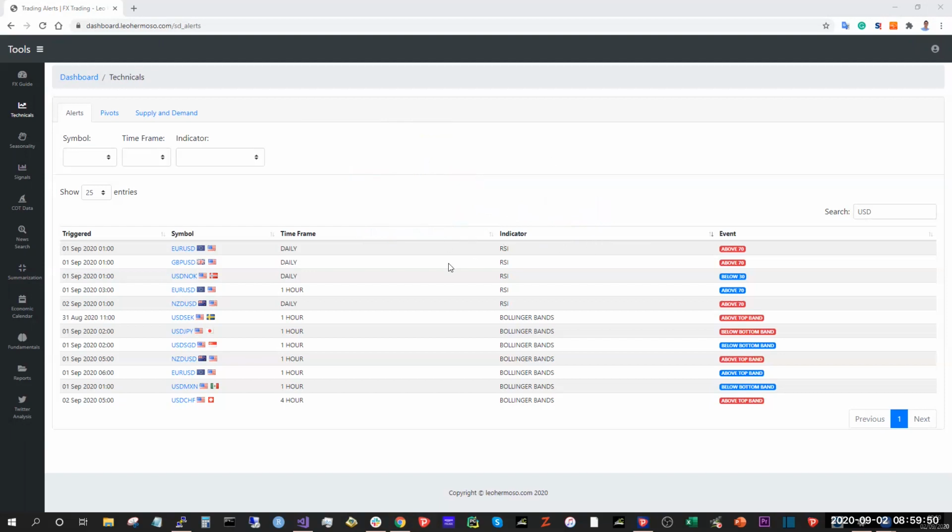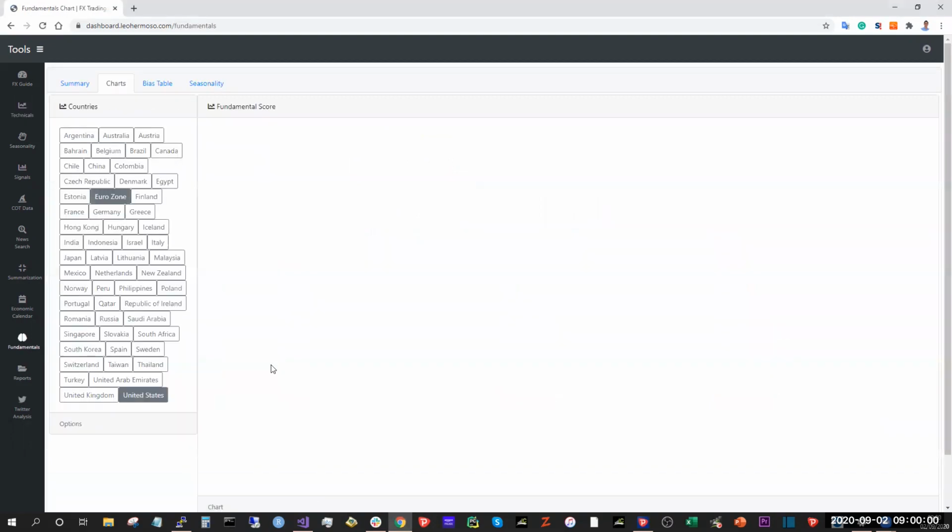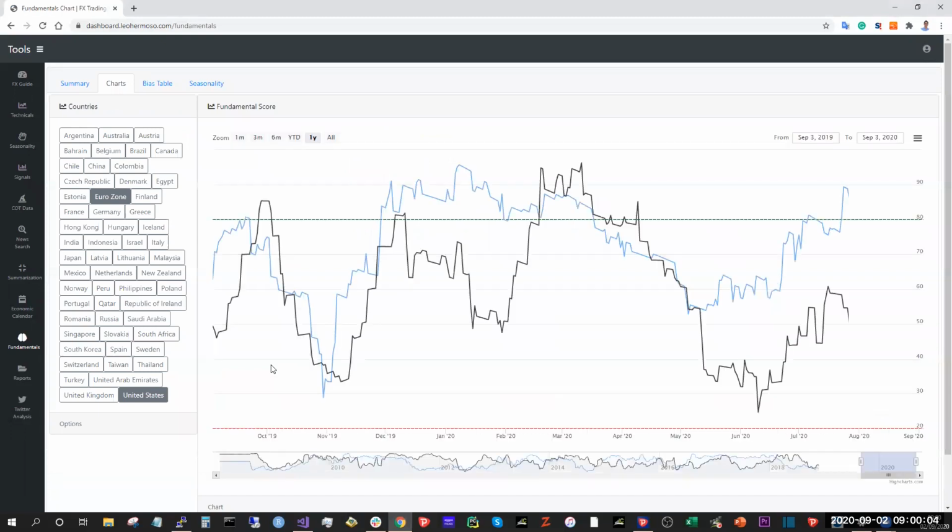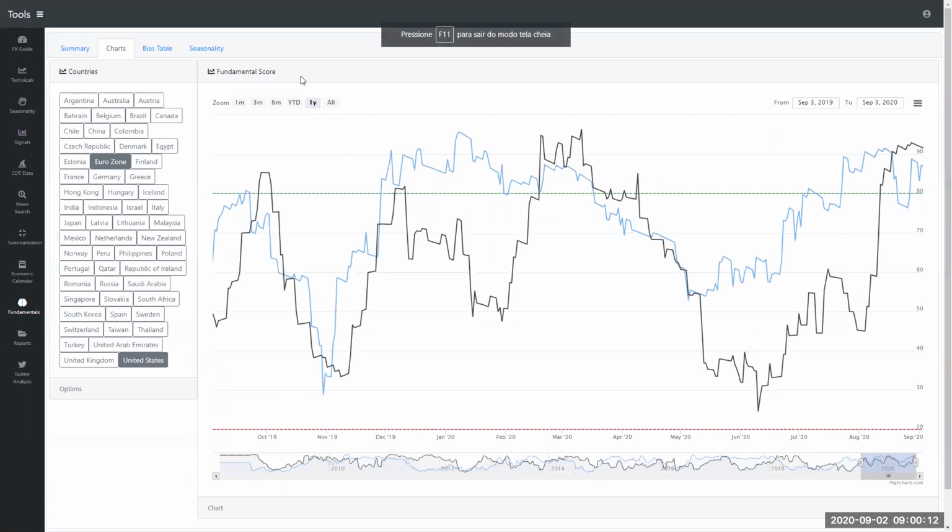Okay, my friends. I'm going to move to something I like a lot, which is the fundamentals, and I'm also going to tell you the future of this tool. The idea behind the fundamental tools is simple.